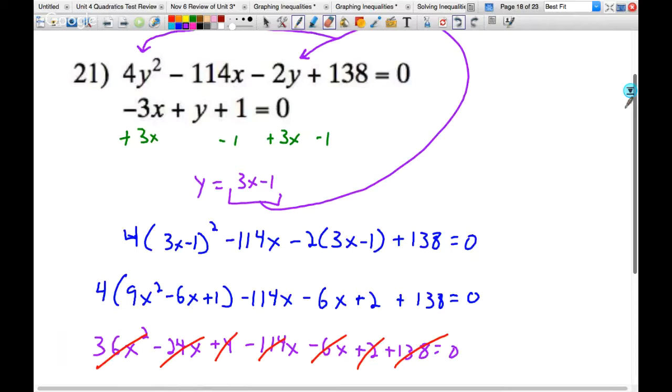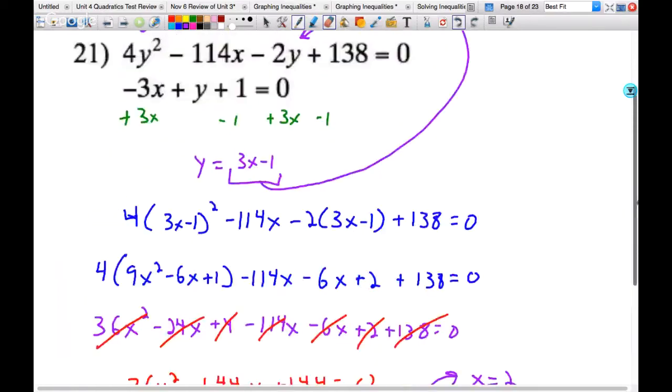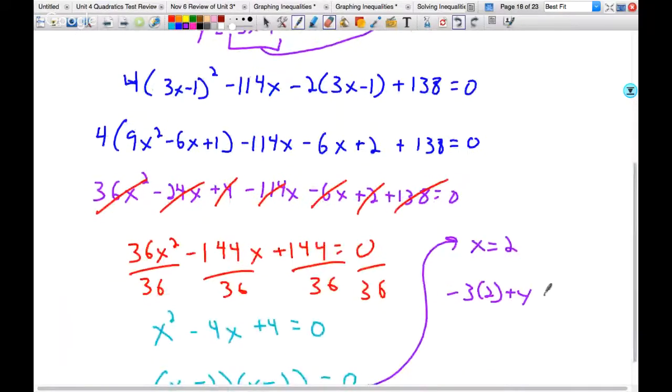We can plug that into that second equation. Negative 3 times 2 plus y plus 1 equals 0. Negative 6 plus y plus 1 equals 0.